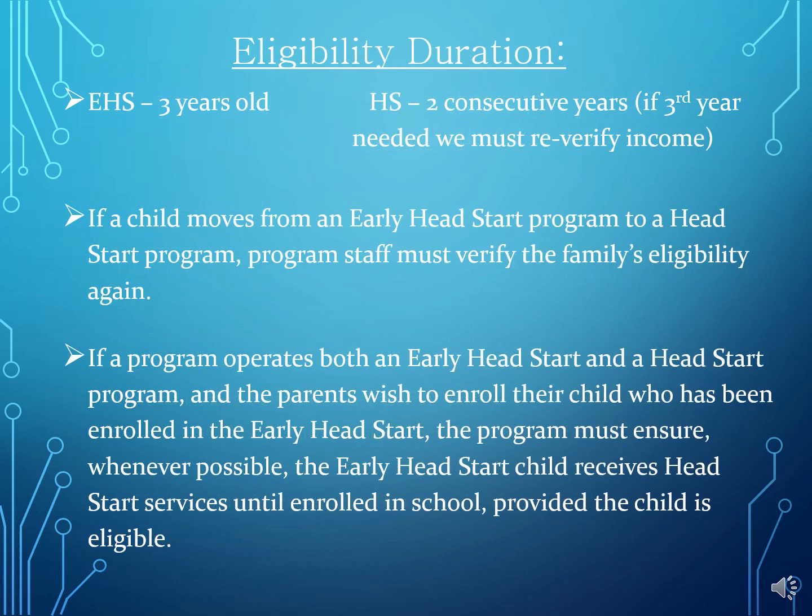Eligibility duration. This just lets you know how long my child can stay in Head Start. For early Head Start, they can stay in early Head Start until the age of 3. 6 months prior, you will see a child being transitioned from one program to the next program. 6 months prior to the child turning 3, we actually do the transition process, where the parent comes in and meets with a family advocate to apply for the Head Start program.